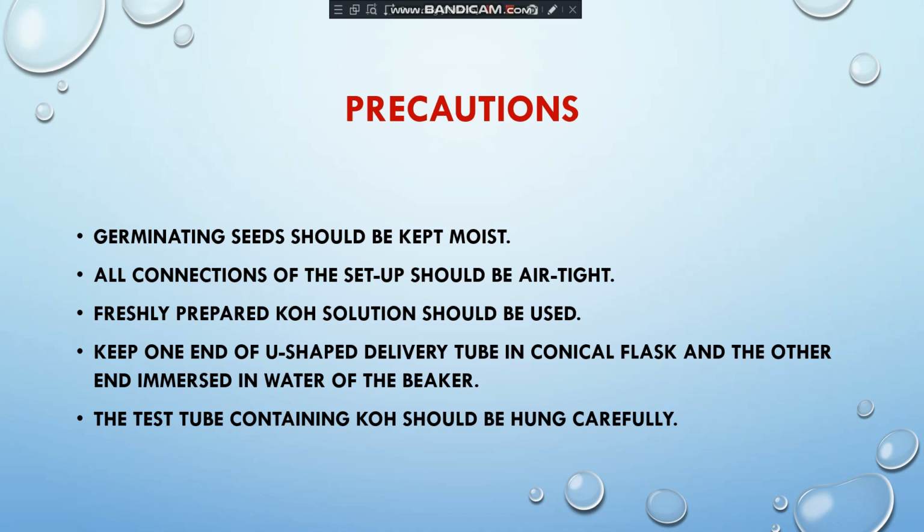Then obviously air will enter through that tube and you are not able to perform the practical. And second, how can you find out the water level is rising? Understood? And then the last point is that the test tube containing potassium hydroxide should be hung carefully.